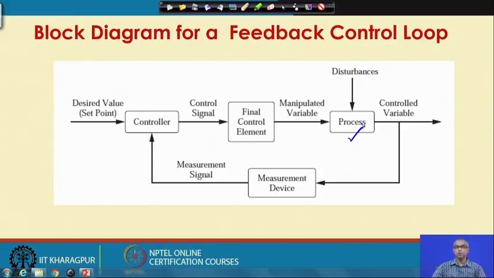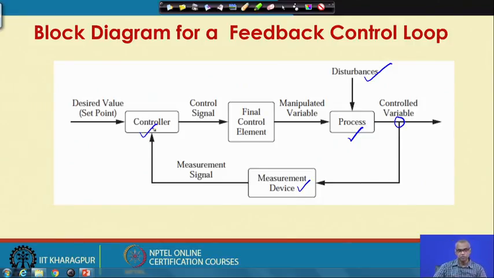The process needs to be controlled because there is disturbance. So, the controlled variable whose value you want to control is measured by a measuring device, and that measured signal is fed to the controller.